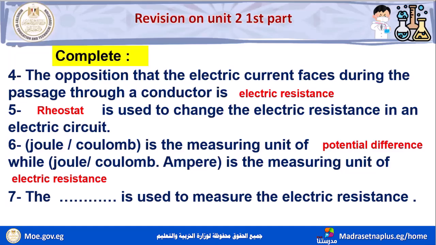Number 7, the ohm meter is used to measure the electric resistance.